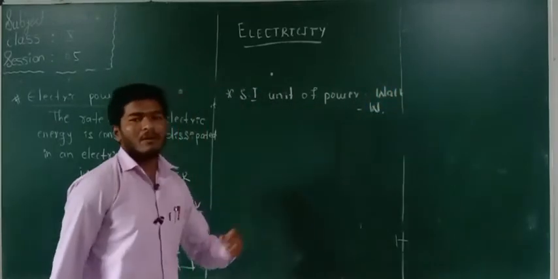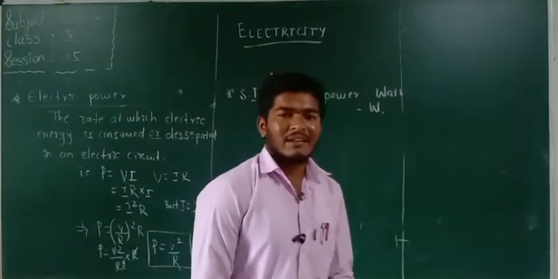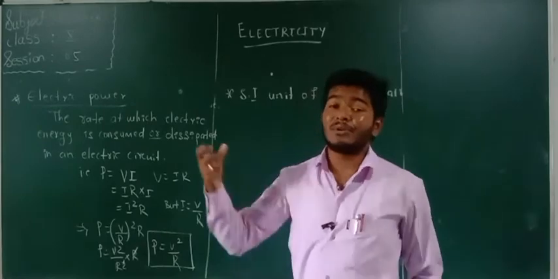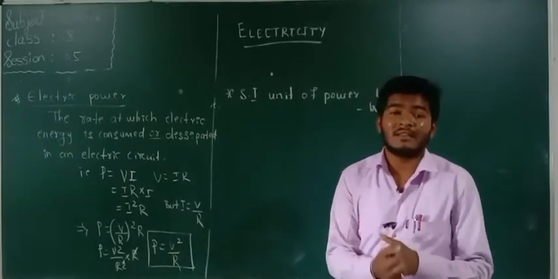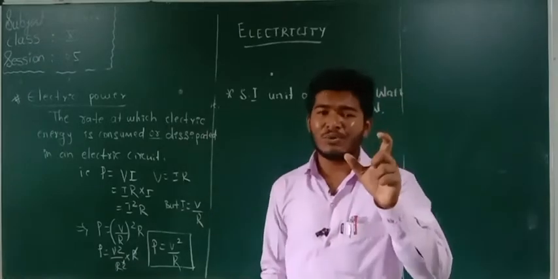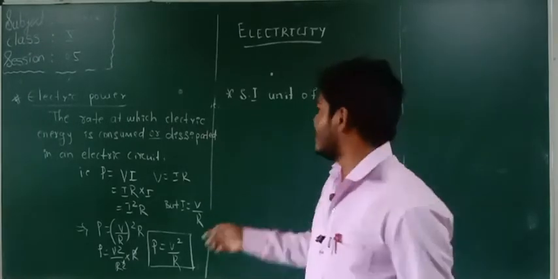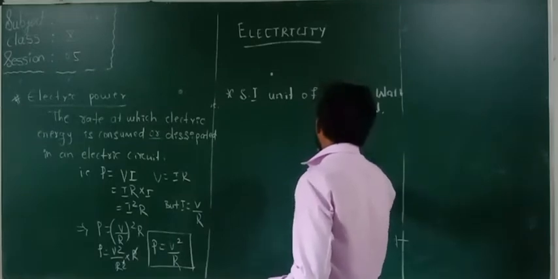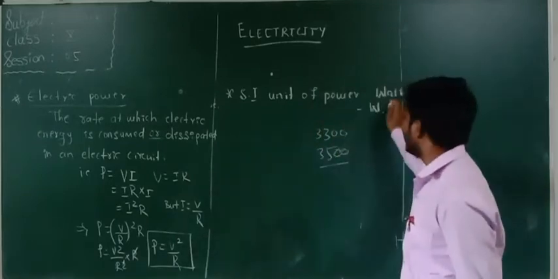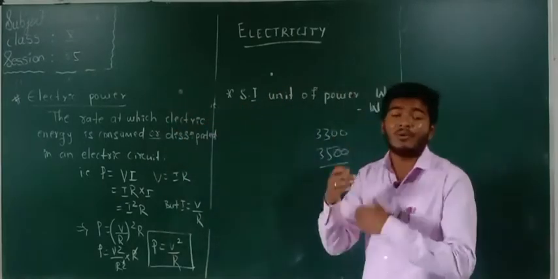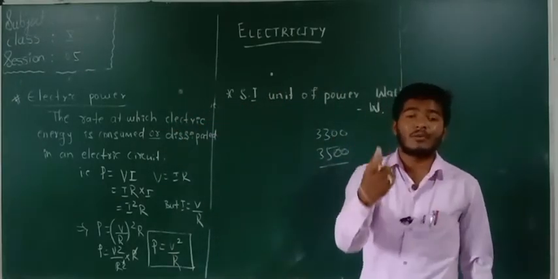So remember, when the electric bill man comes to your home, he gives you a bill. In that bill they give some consumption figure, like 3,300 or 3,500. What is that? It is nothing but in watts. It is the amount of power utilized in your home per month.